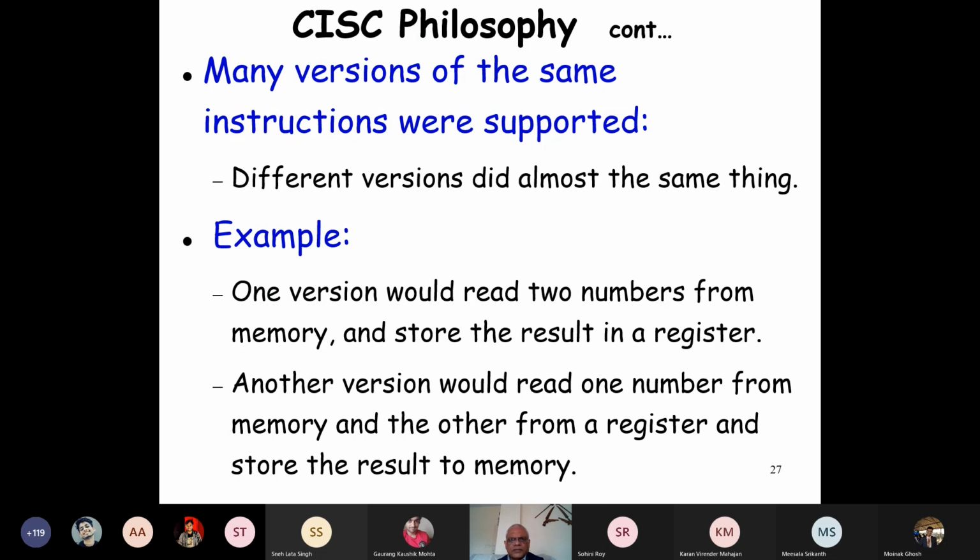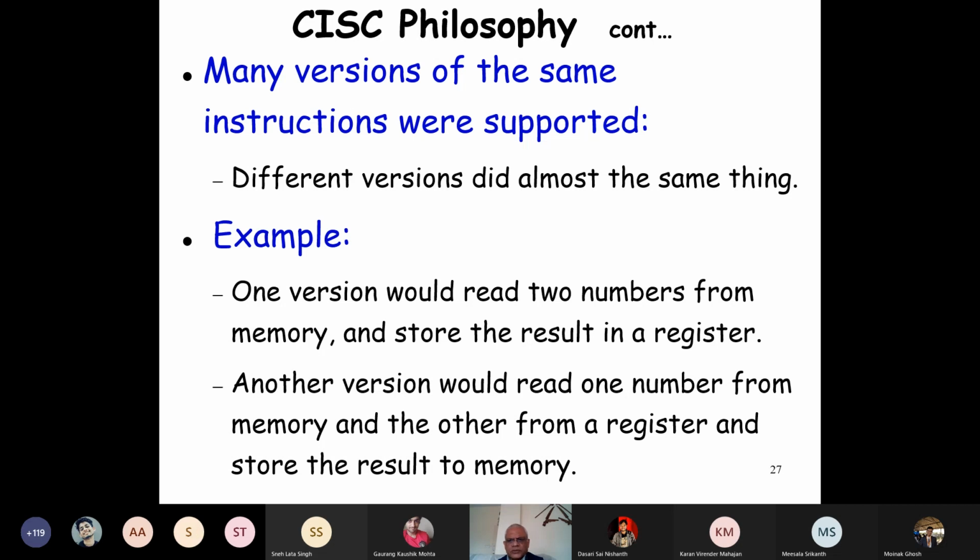For that, many versions of the same instruction were supported. As you were saying, it can have two register operands as source and the destination is a register. Or the two source operands are registers and the destination is memory.